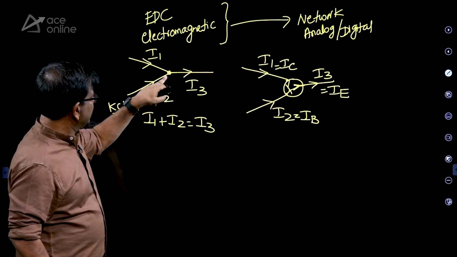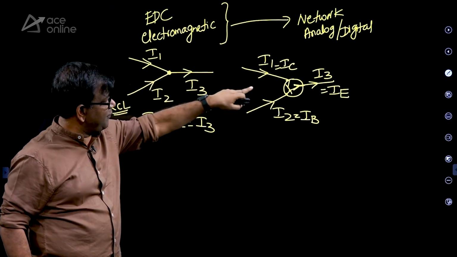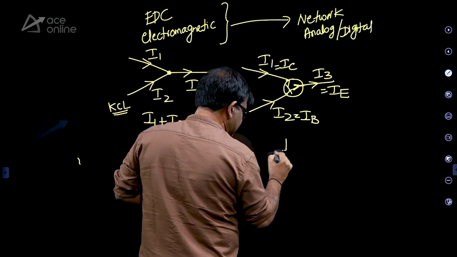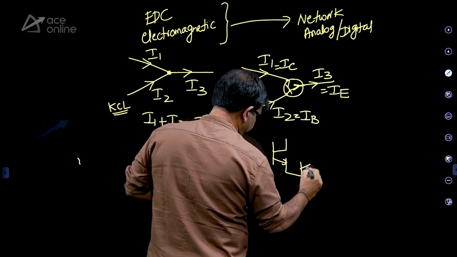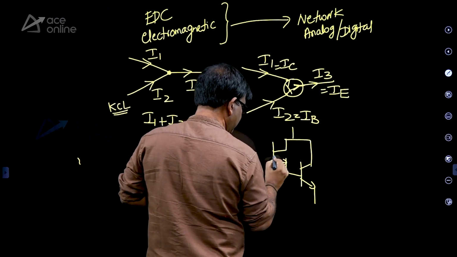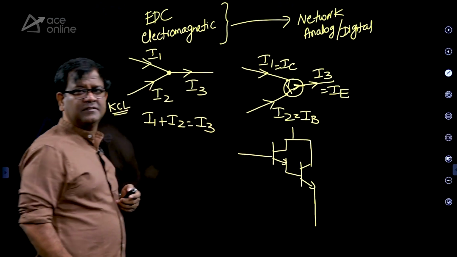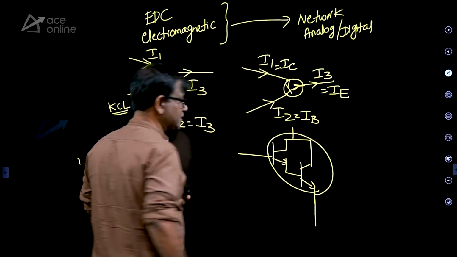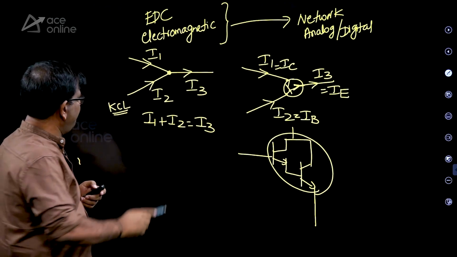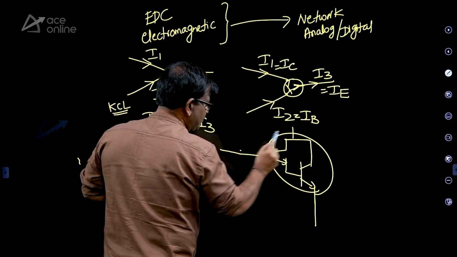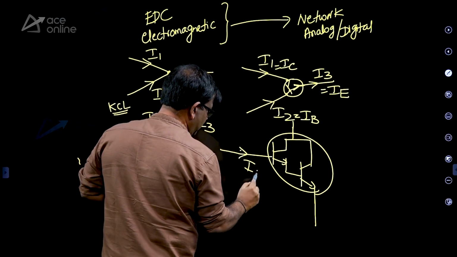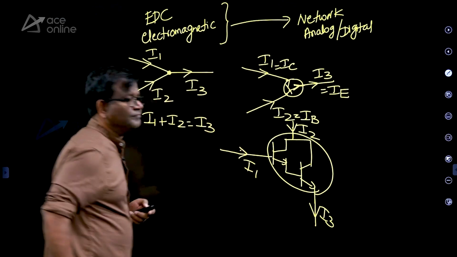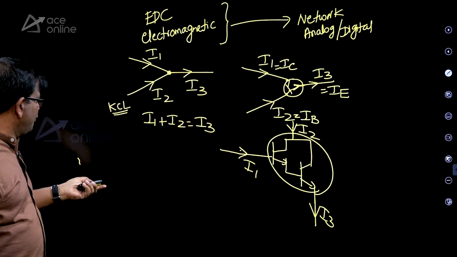But in analog, the effort that you put for the node and the effort that you put for the BJT both are same. In the exam, the examiner can give you a Darlington pair, something like this. Forget about what this is, but still you can treat this as a node or a black box like this. So the effort that you put here and the effort that you put here is same. So here you can take I1 and I2, or you can just take I3. So that is the beauty here.